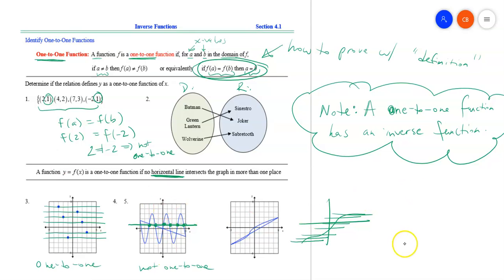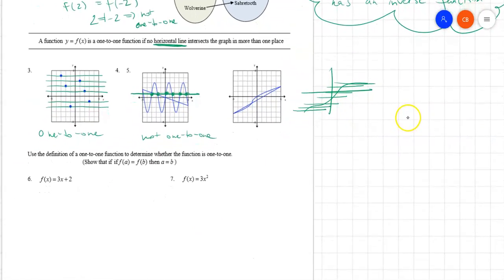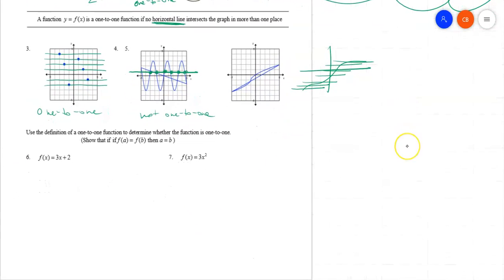I'm going to scoot down a little bit because I want to show how we can check whether a function is one-to-one based on the equation. We want to use, like I said, this version of the definition, where basically what we're trying to do is plug in a and plug in b into this function.